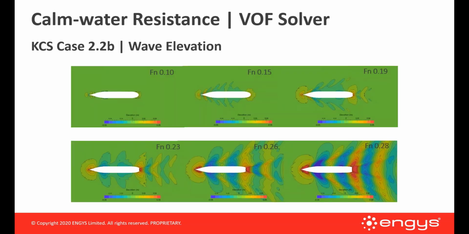If you want to consider the full resistance curve, so see how the hull responds at different speeds, you take the same computational grid and you just run at different speeds by keeping the exact same settings, and this is what you get. And you can see how the wave pattern changes moving from low speed to high speed. You can see here that the number of wave features has increased with respect to the low speed, as expected, of course.